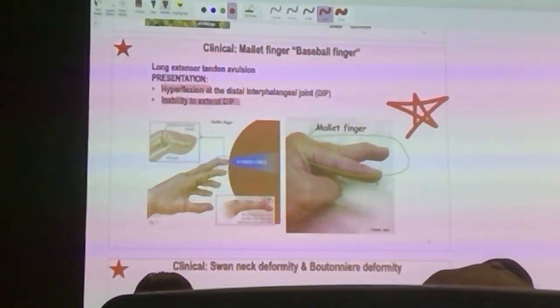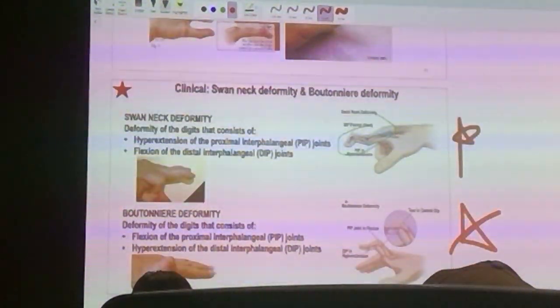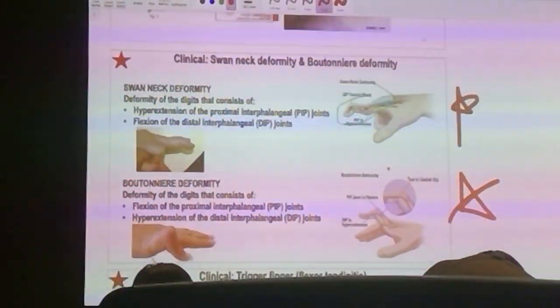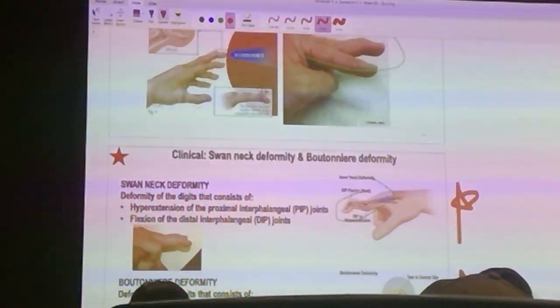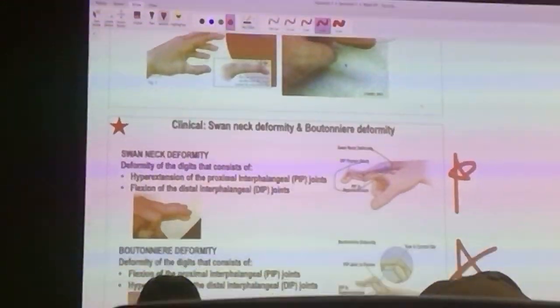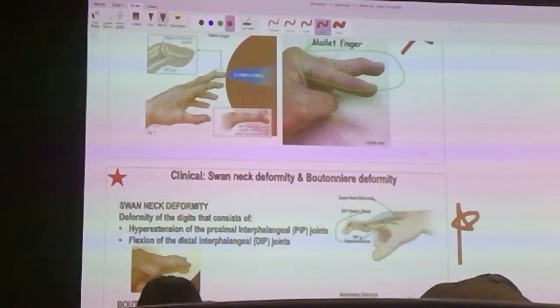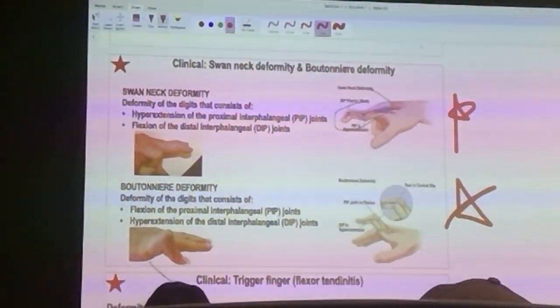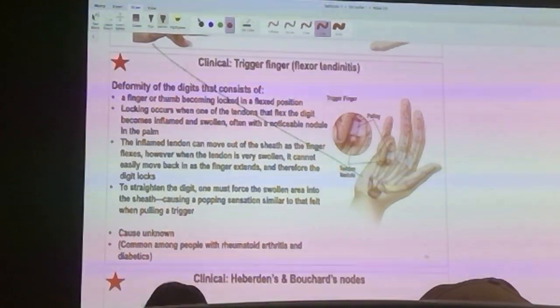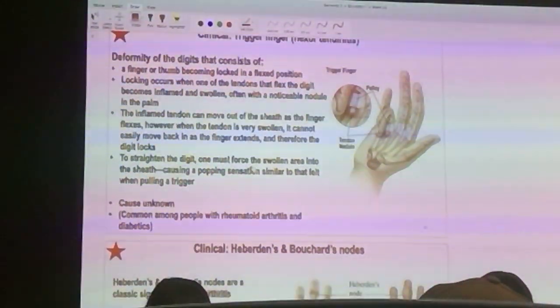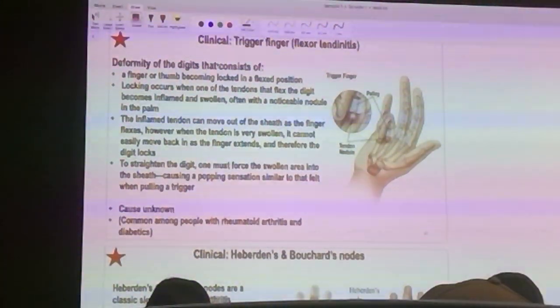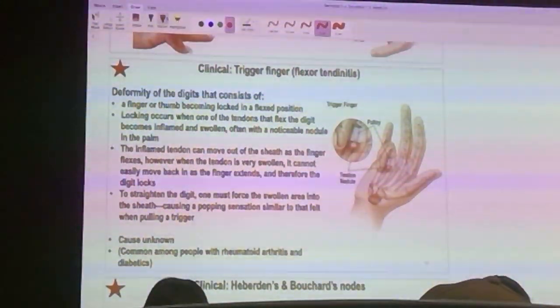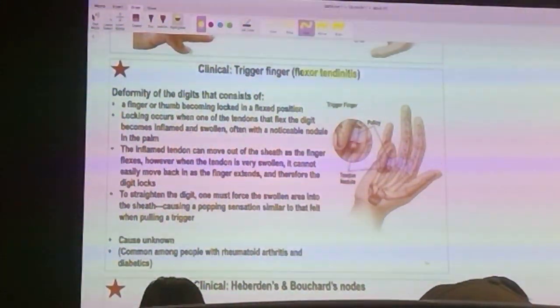So know mallet finger, swan neck, and boutonniere. Make sure you know these three things. Make sure you know what they look like. This one, just know that it's a tendonitis and it affects your fourth finger.